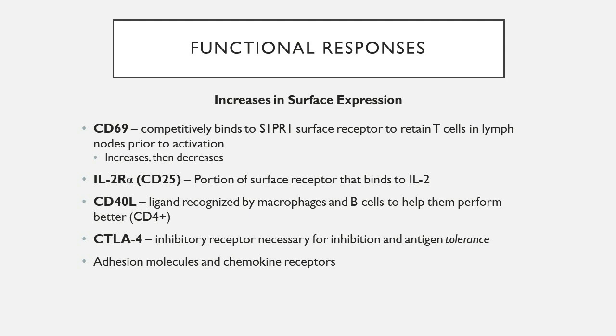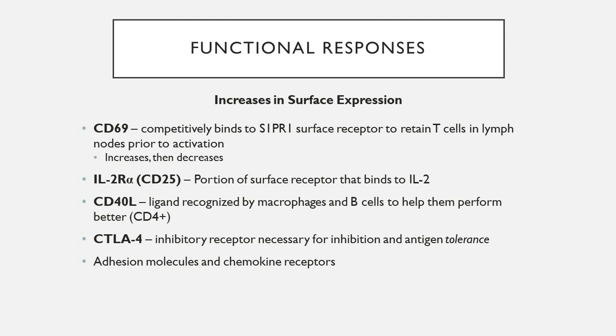So one way of keeping cells within lymph nodes during the activation process is to express CD69, which competitively binds to this receptor and does not allow S1P to bind to it. So in this case, T cells don't know that they want to go back in circulation. They remain in the lymph nodes. That way they can continue clonally expanding and differentiating. So first, this increases.